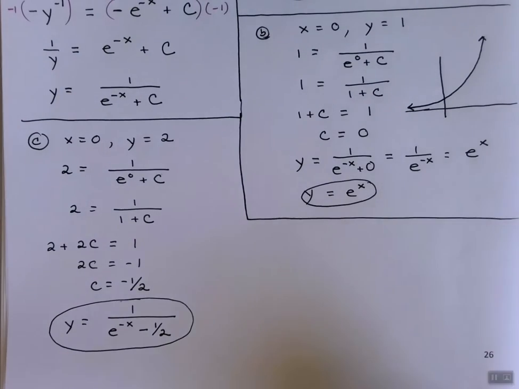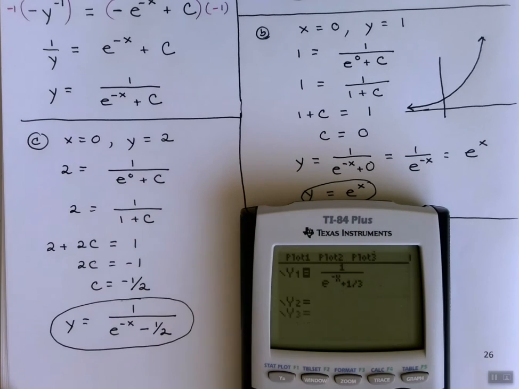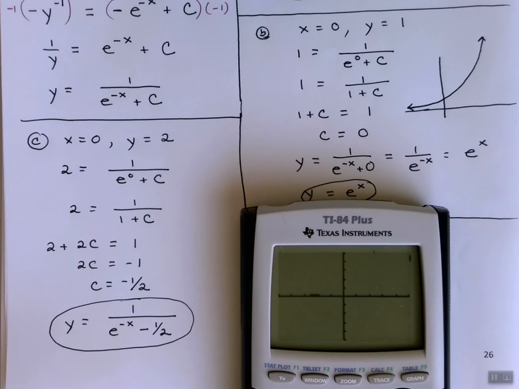All right, let's graph that one. Let's see here. Should be able to reuse this one. I'll make that a subtract 1/2. All right, once again, a very different looking solution.